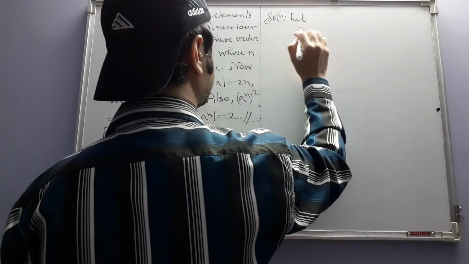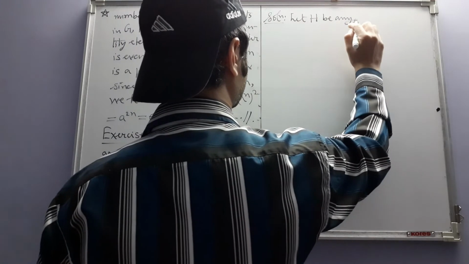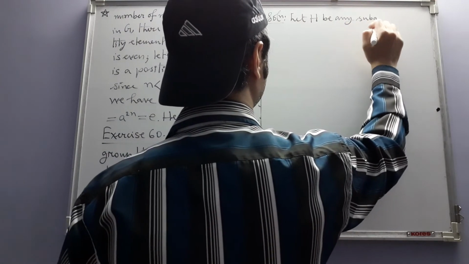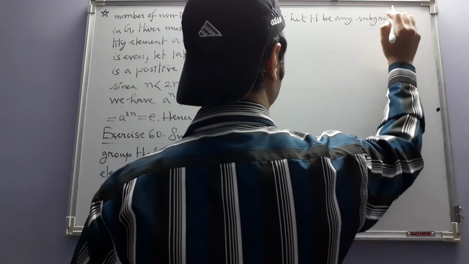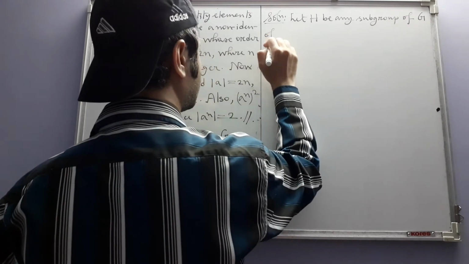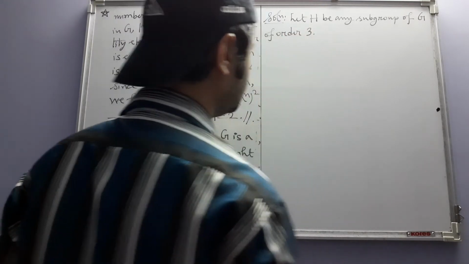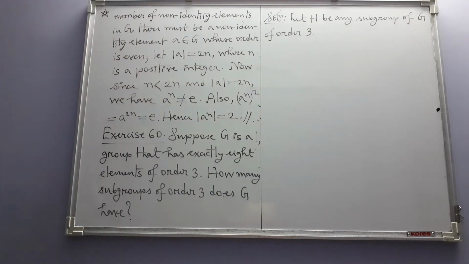Let H be any subgroup of G of order 3. Okay, we are now going to show that H is actually a cyclic subgroup.